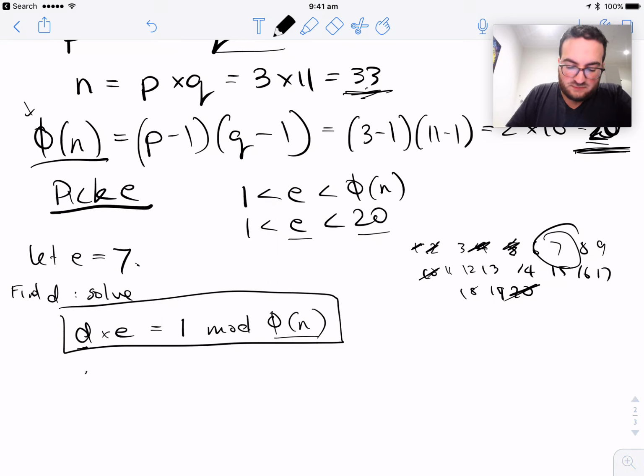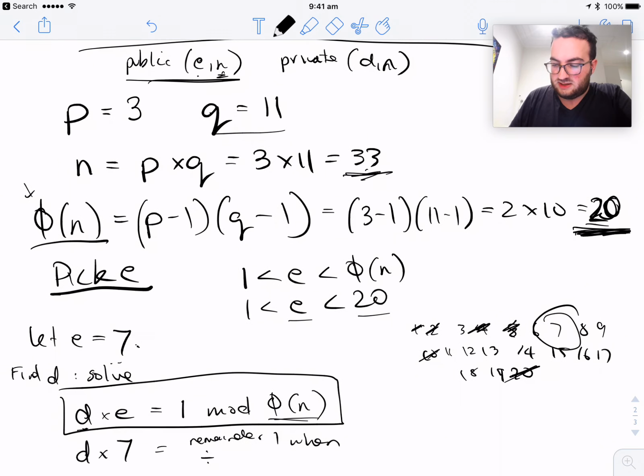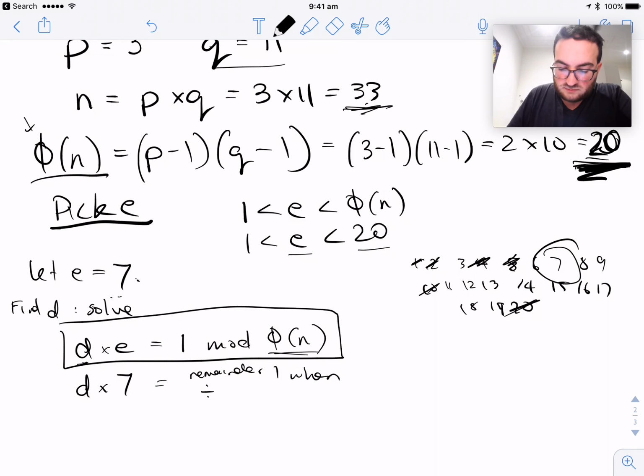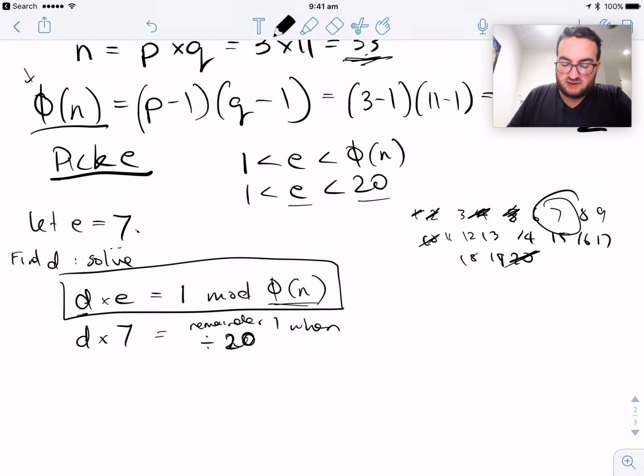So we're saying d times e, which is 7, has remainder 1 when divided by Euler's totient, which, remember, we said up here is 20. I hope that makes sense.